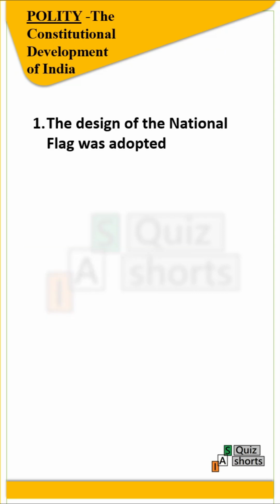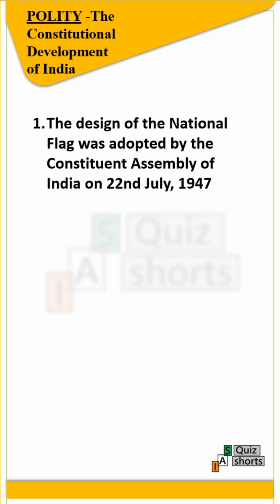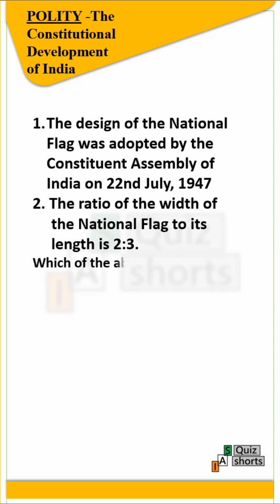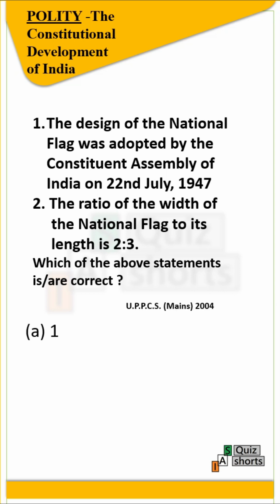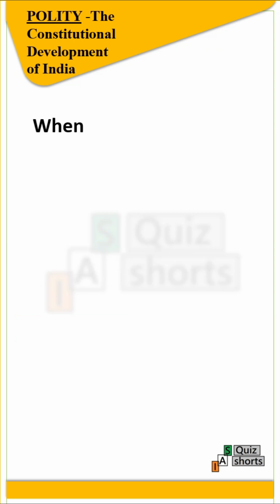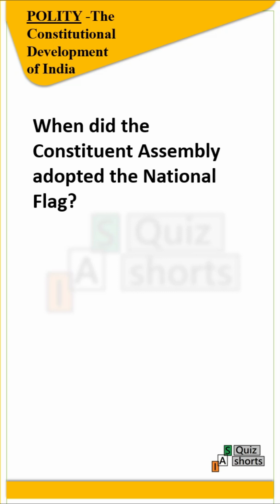The design of the national flag was adopted by the Constituent Assembly of India on 22nd July 1947. The ratio of the width of national flag to its length is 2:3. Which above statements are correct? A. 1 and 2, B. 1 only, C. 2 and 3, D. 2. Answer is A. 1 and 2. Both are correct. When did the Constituent Assembly adopt the national flag?